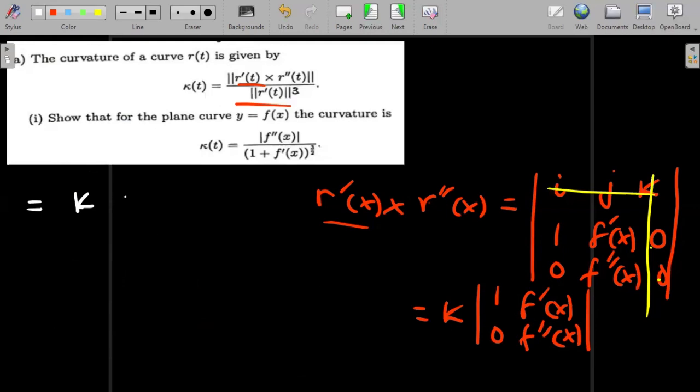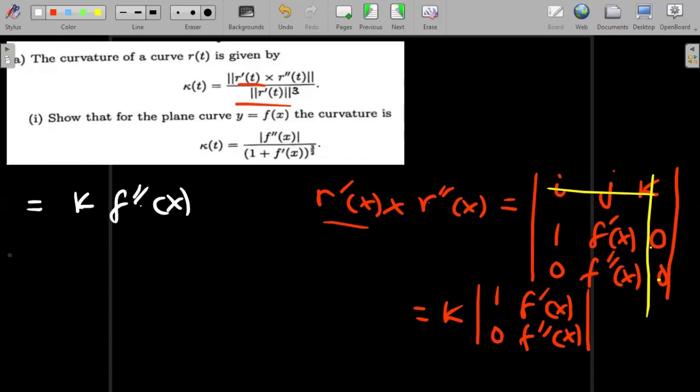So you just remain with f double prime of x. So this is our r prime of x cross r double prime of x, which is f double prime of x times k. So this is what you get.